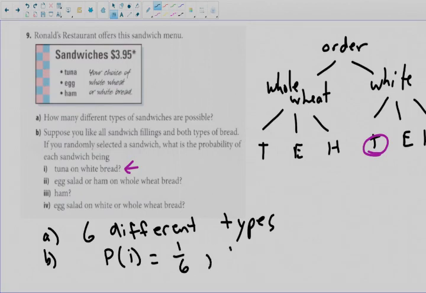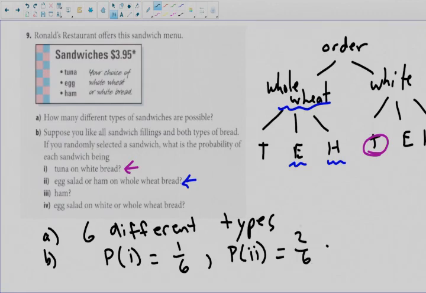The probability of II, egg salad or ham on whole wheat bread. Well, I'm going to use blue for that one. Egg salad or ham on whole wheat bread. There are 2 out of 6 possibilities for that one.